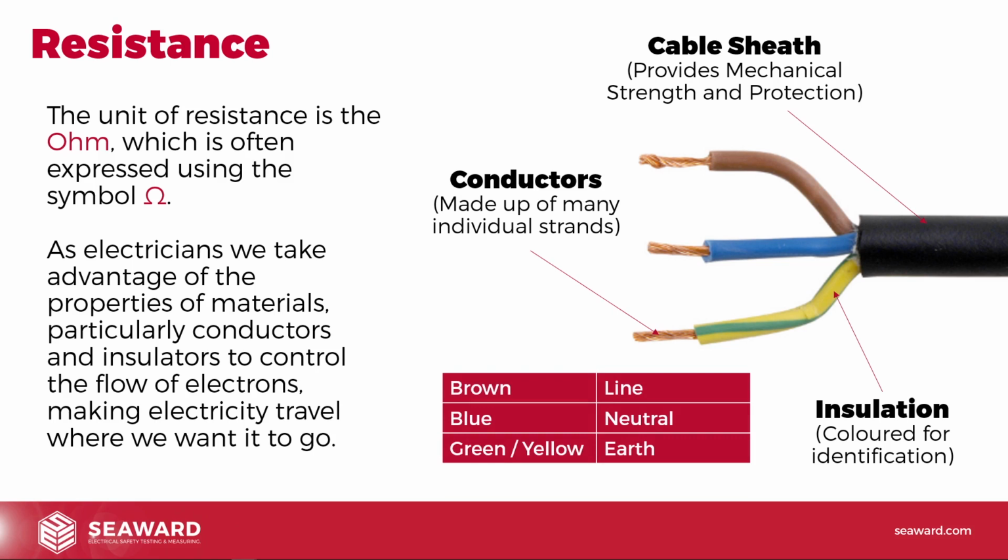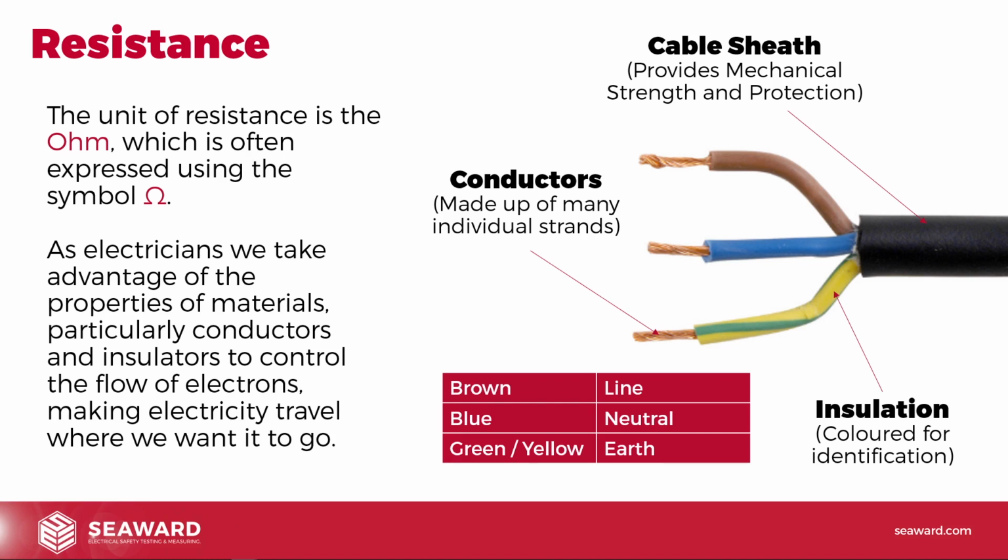Now, the wires in here have different names based on their purpose. The brown wire, sometimes people would call this the live. That's old terminology, pre-90s terminology, to call the brown wire the live. Sometimes you will hear it called the phase as well.